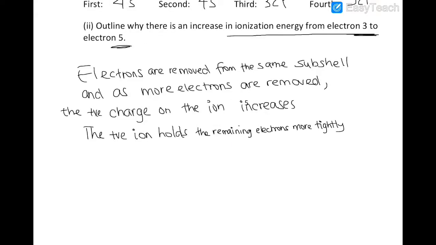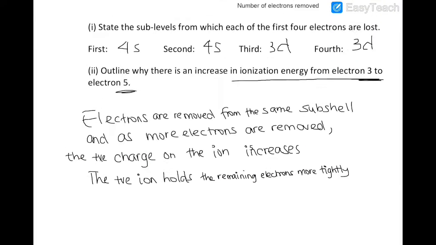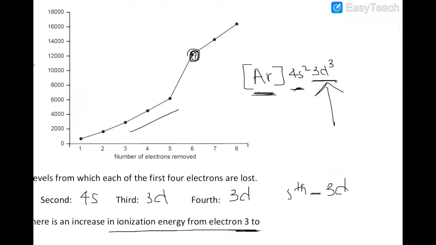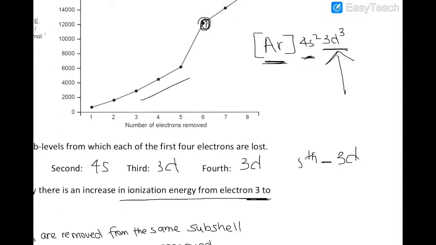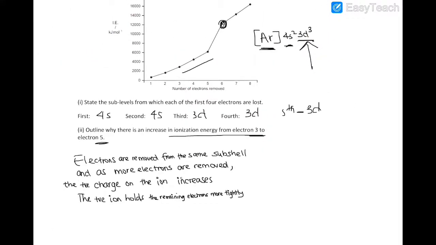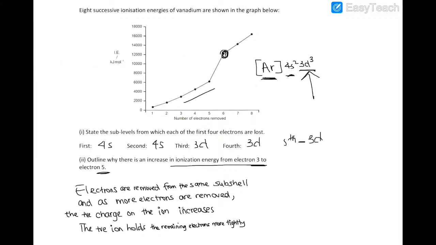So electrons are removed from the same subshell, and as more electrons are removed, the positive charge on the ion increases, and it's going to hold the remaining electrons more tightly. So you're going to require more energy to remove electrons gradually. Okay, so that's it for the first part of this.